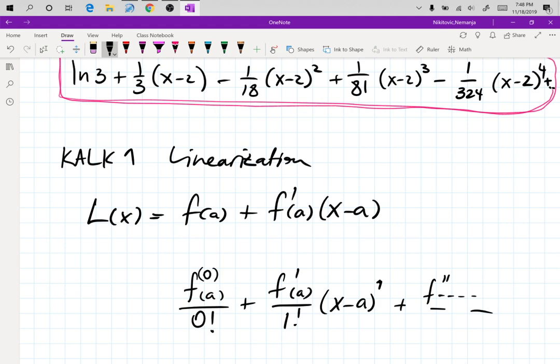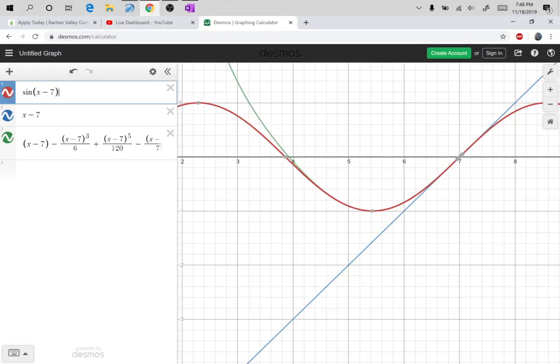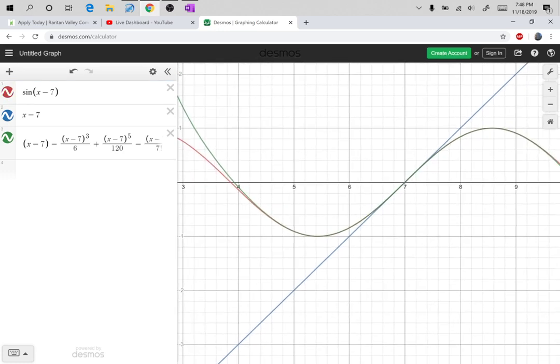Aren't those first two terms of the Taylor series just the basic linearization tangent line you learned? And if I am to go back, what is the blue line? It's the tangent line at 7 in this case, right? Yes, tangent line at 7.